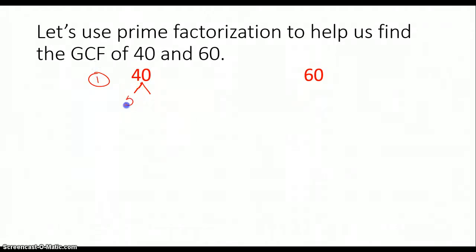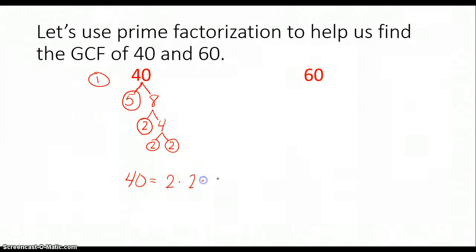So, 40, I'm going to break that down into 5 times 8. 5 is prime, so I'm going to circle it. 8 is 2 times 4. 2 is prime, so I'll circle that. 4 is composite, so it can be broken down into 2 times 2. I have nothing else to break down. I've got all prime numbers, so I can write out my prime factorization here. 40 is 2 times 2 times 2 times 5.